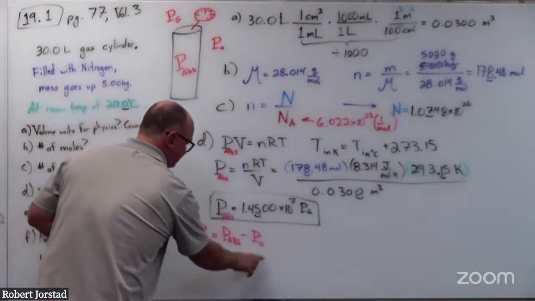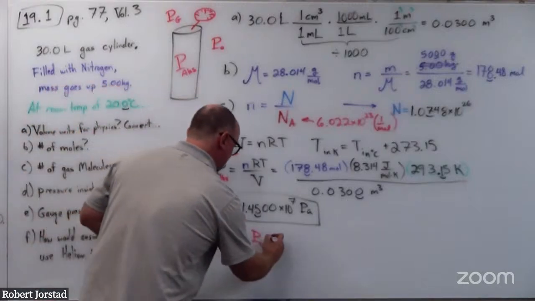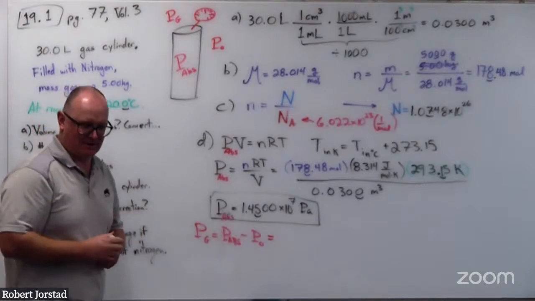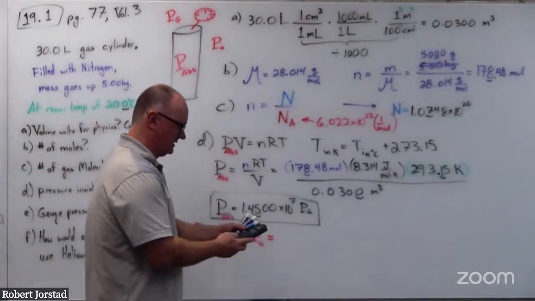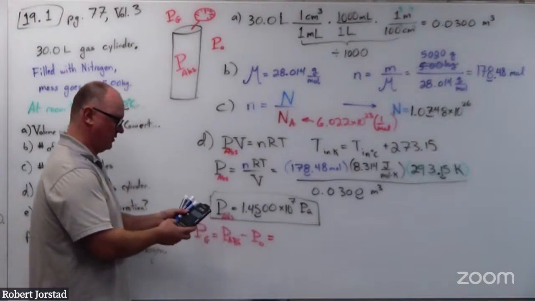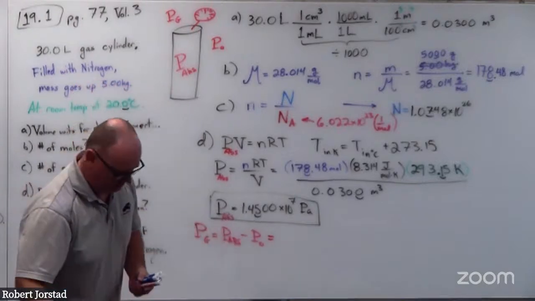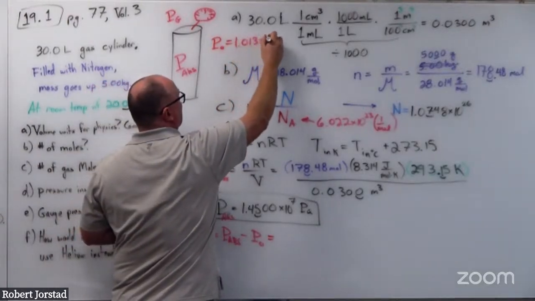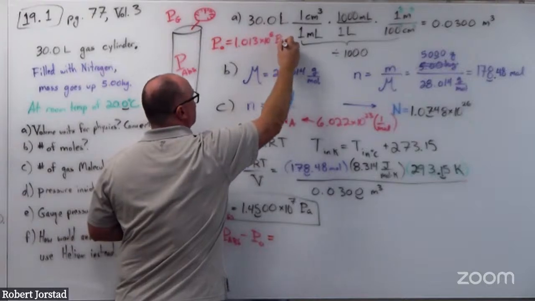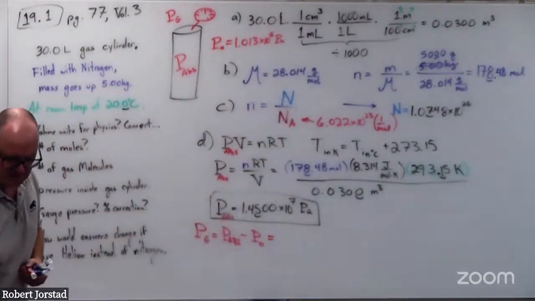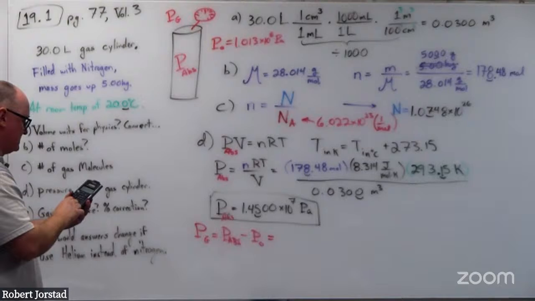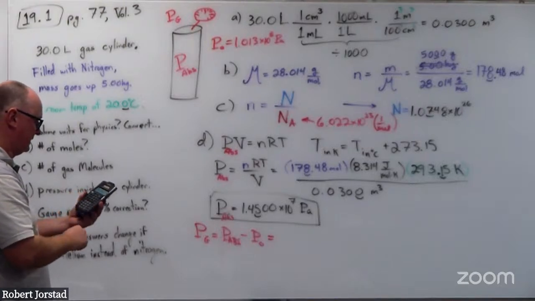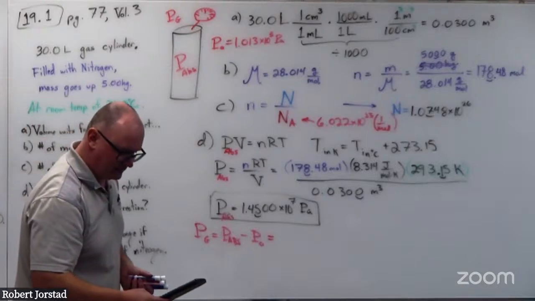All right. So in this case, what does the gauge read? Let's subtract off minus atmospheric, which is, remember, atmospheric pressure, we were told, 1.013 times 10 to the 5th Pascal. So it's going to be a small correction, minus 1.013 EE5, so 1.4399.